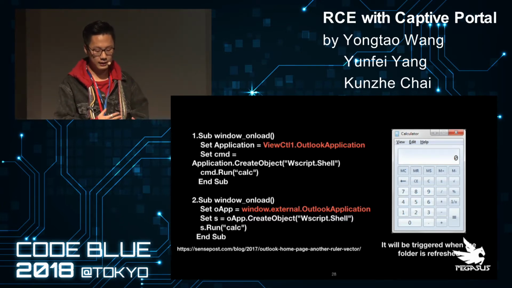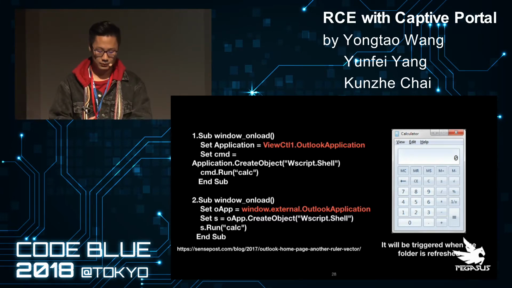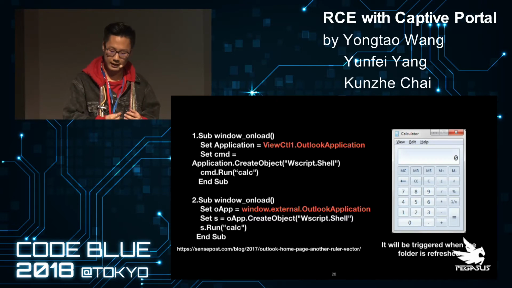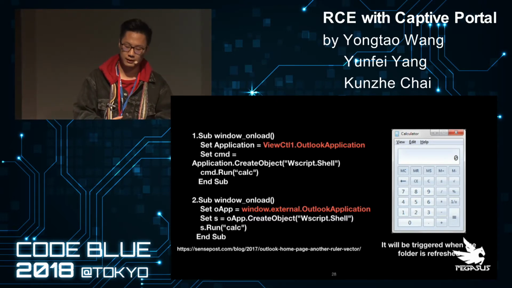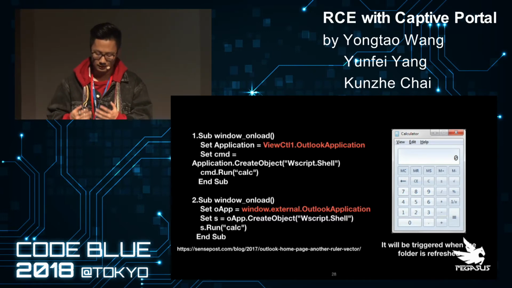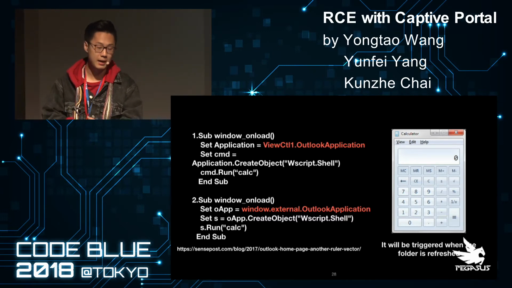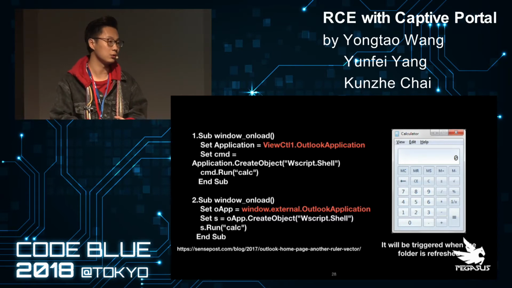After we get the handle, the code will be triggered whenever the folder is refreshed. This is usually triggered when the user refreshes the mail inbox or Outlook is restarted.